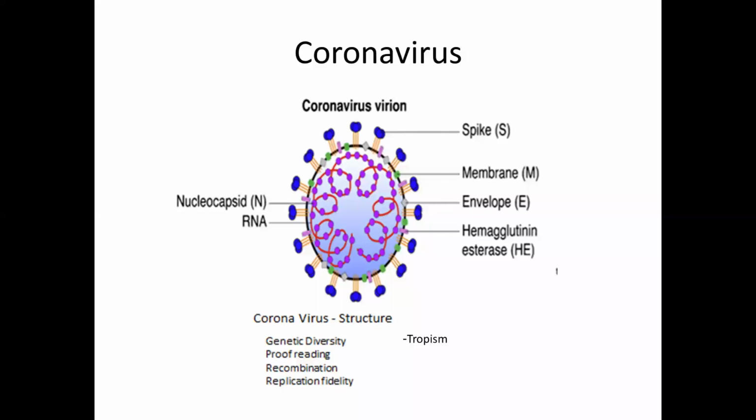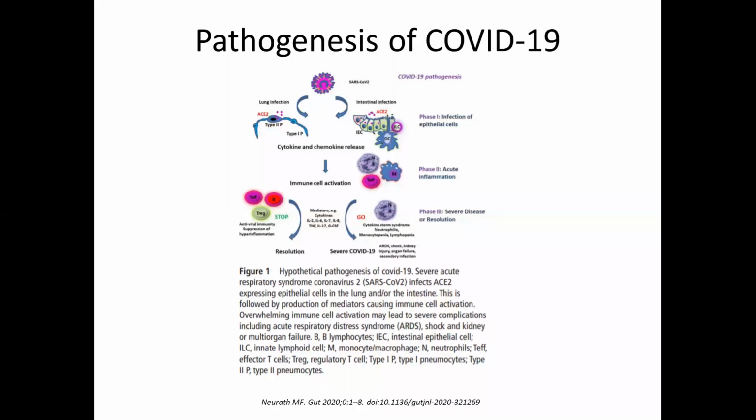Now, I have put this structure because it will help us understand the pathogenesis of COVID-19. From this illustration, when SARS-CoV-2 infects the cells, it predominantly has a tropism for the lung and the GIT, although we have ACE2 receptor in other tissue surfaces.